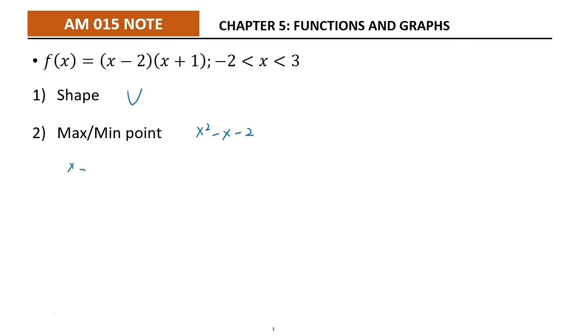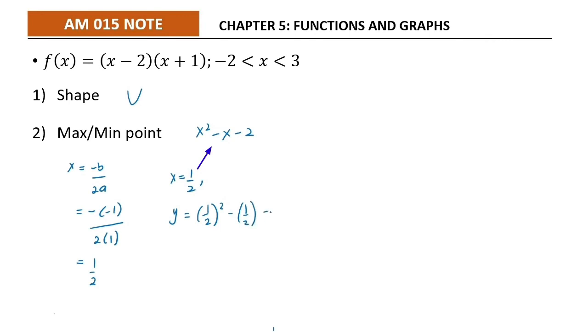So x equals negative b over 2a, negative negative 1 over 2 times 1, x equals 1 over 2. When x equals 1 over 2, y equals (1 over 2) squared minus 1 over 2 minus 2, so y equals negative 9 over 4. Therefore, the minimum point is (1 over 2, negative 9 over 4).